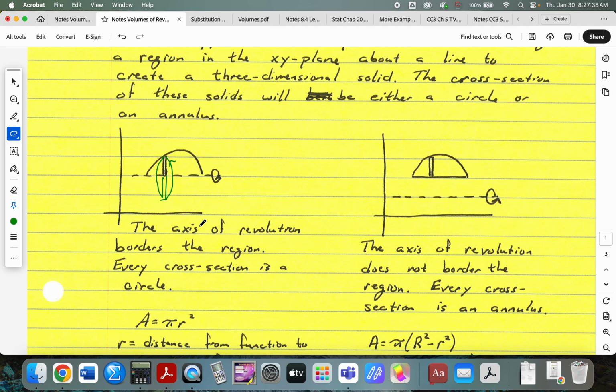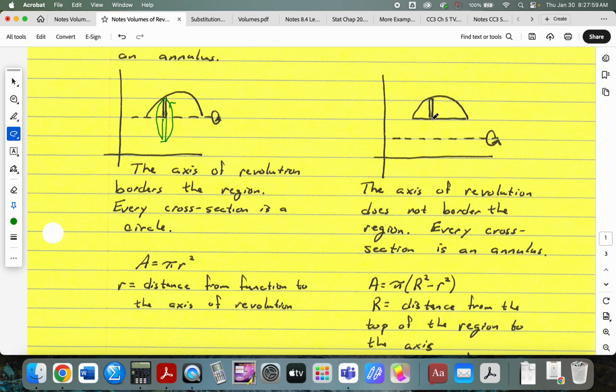You can actually do it if you draw your axes at an angle. I used to be really good at doing that. I've stopped doing it because it's not worth the time. Now here, the axis of revolution is somewhere that's not a border of the region. So when I spin my pen around, it's still making this circular motion, but there's a gap. You're going to have an annulus.